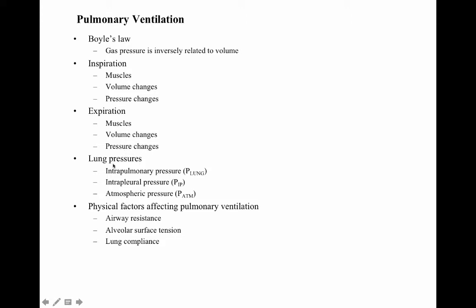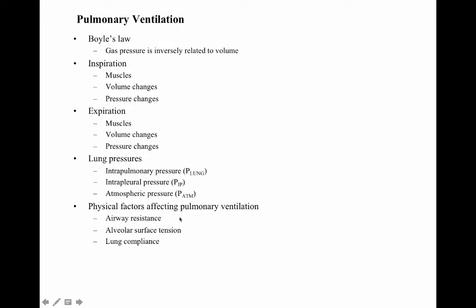Then lung pressures, we'll take a look at intrapulmonary pressure. So this is the pressure of the lung. Intrapleural pressure, so the pressure that's in the pleura that surround the lungs, this serous membrane. And then atmospheric pressure, which is the pressure that is outside of our bodies all of the time, and then interfacing with gases that are going to come into our lungs and leave them.